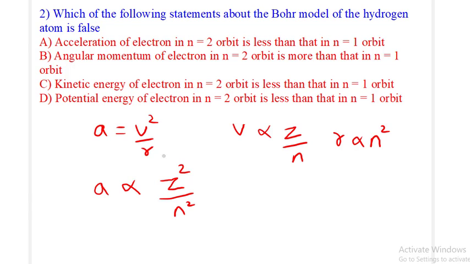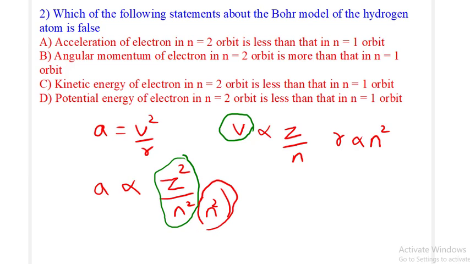And in the denominator we have r, and r is proportional to n square, so one more n square because of r. You must remember this: one n square is because of the velocity, and the other n square is because of r.